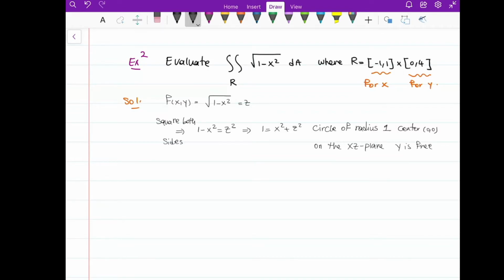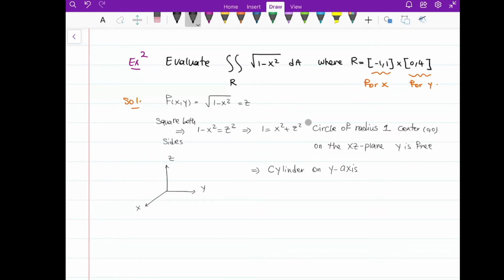Okay, since y is free and we have a circle on the xz plane, we have a cylinder. So the shape is actually a cylinder that lies on the y-axis, right? Because y is free, so we have a shape like this, you see, x-axis, y-axis, and then z-axis.